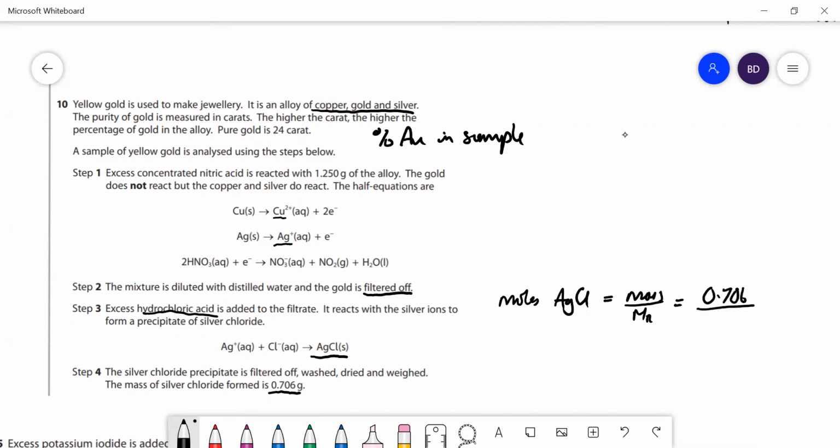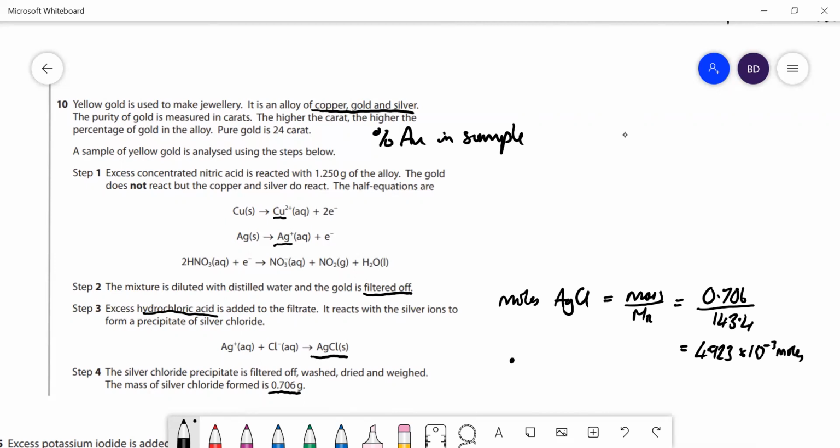The Mr of silver chloride is 107.9 for silver plus 35.5. That gives us 143.4. Work that out, and that gives us a value of 4.923 times 10 to the minus 3 moles of silver chloride.